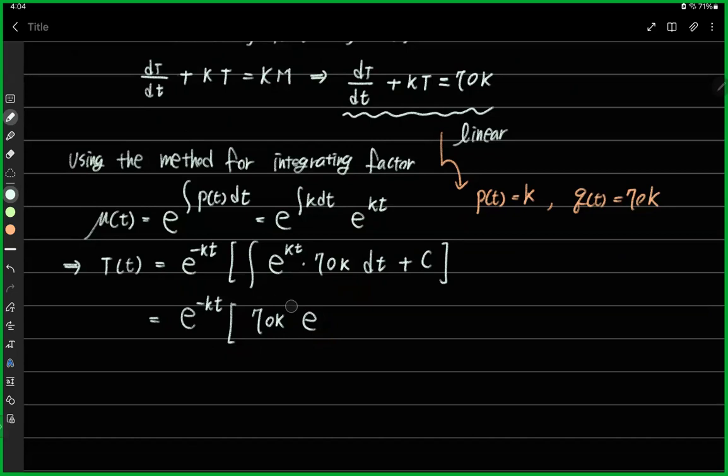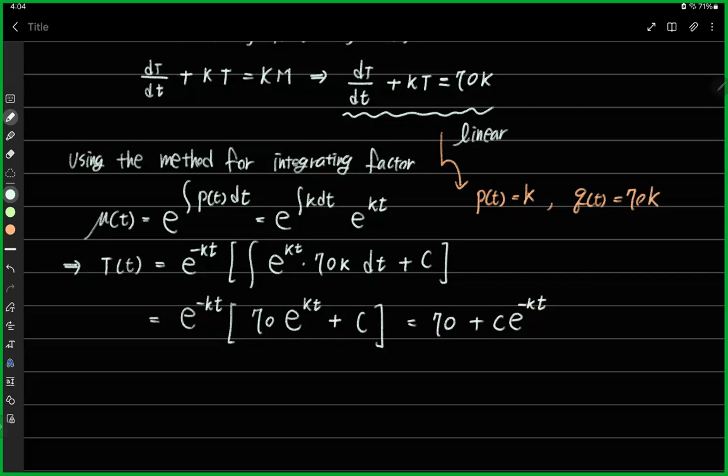Oh no, just 70, right? Oops, 70 times e to the kt, plus C, which is 70 plus C times e to the negative kt. Okay.